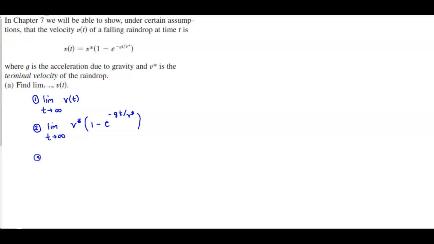And so now let's go ahead and evaluate it as t approaches infinity. So we're going to have v star times 1 minus e to the power of negative infinity, which is 0. And so therefore, this becomes the terminal velocity times 1 minus 0. So we get the terminal velocity as our result.